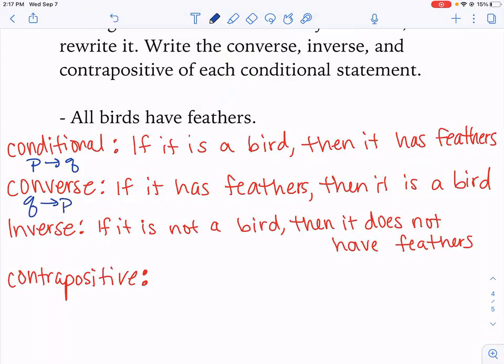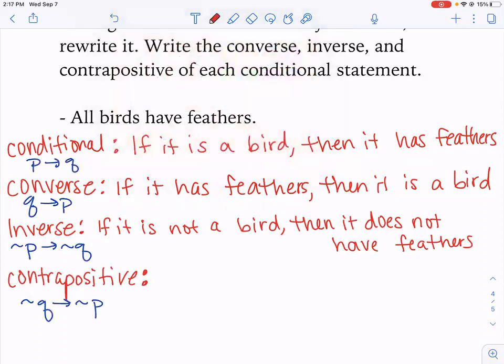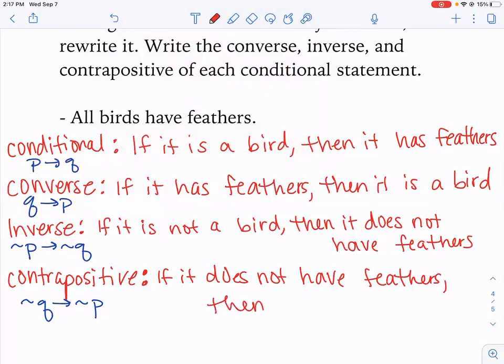Converse, if Q then P. Inverse, not P implies not Q. And our contrapositive, not Q implies not P. Remember, a bird is P, has feathers is Q. So my contrapositive, not Q: if it does not have feathers, then not P, it is not a bird.